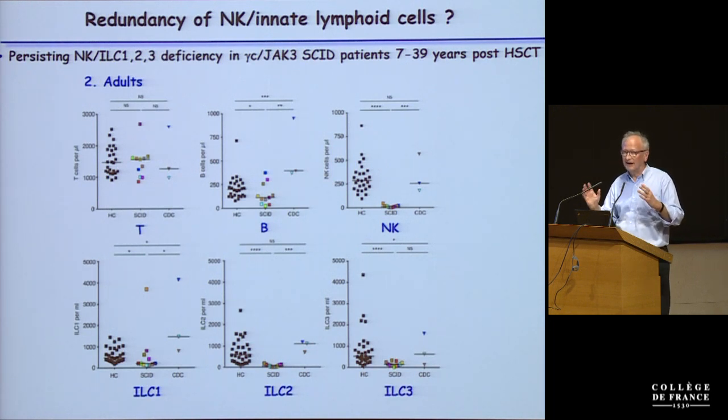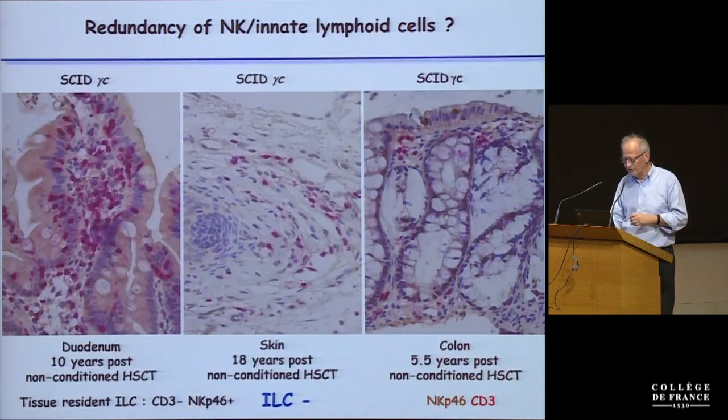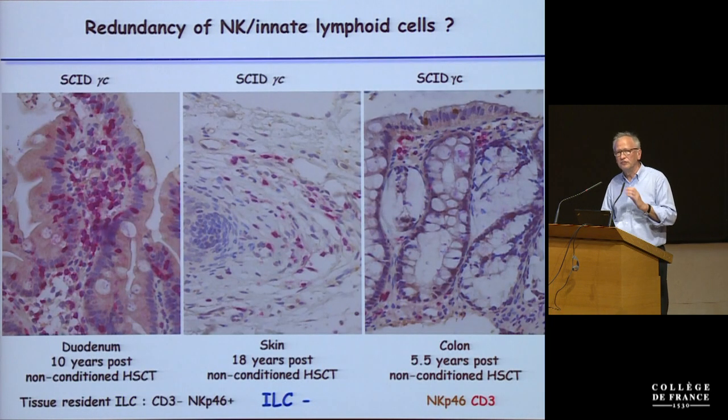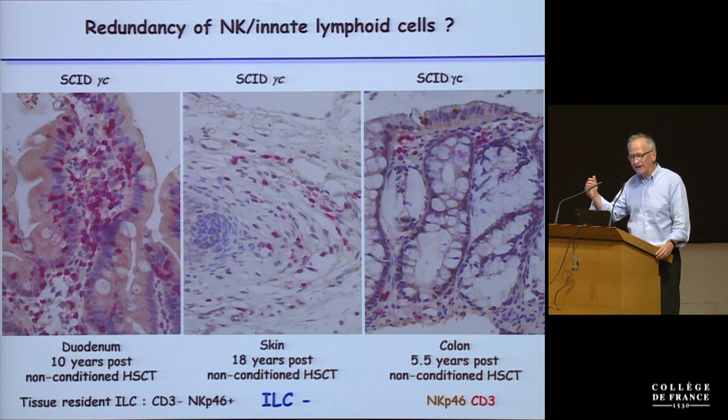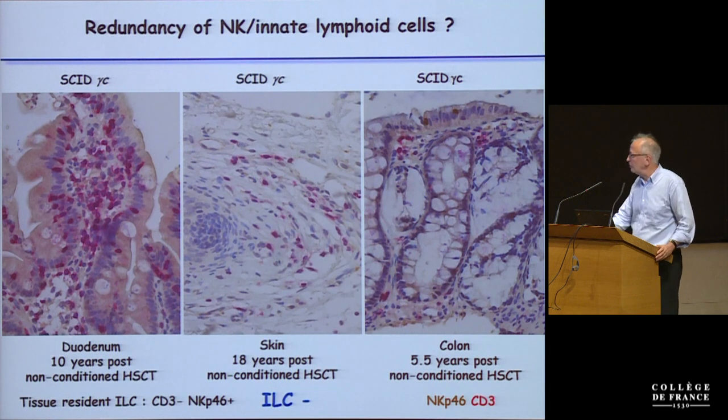But of course, these cells, ILC1, 2, and 3 at least, are mostly localized in tissues. They are circulating in small numbers in the blood. So what about tissues? It was possible to study a few tissues from such individuals based on biopsies that were taken at some time points because of clinical problems.